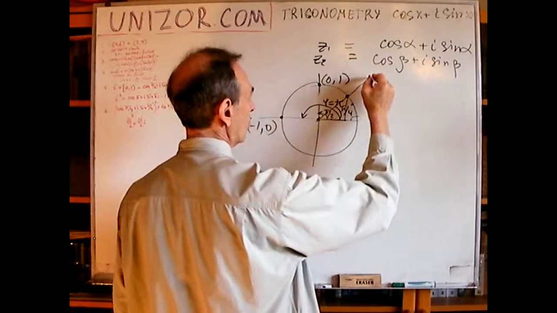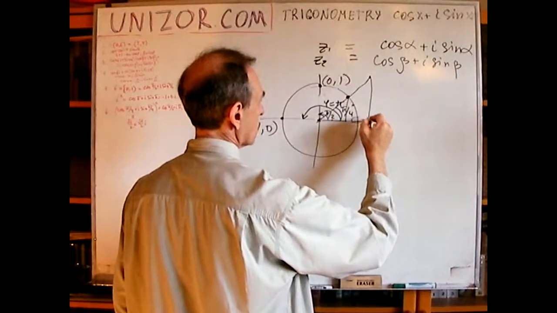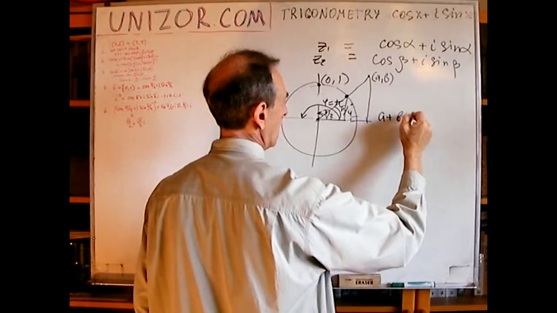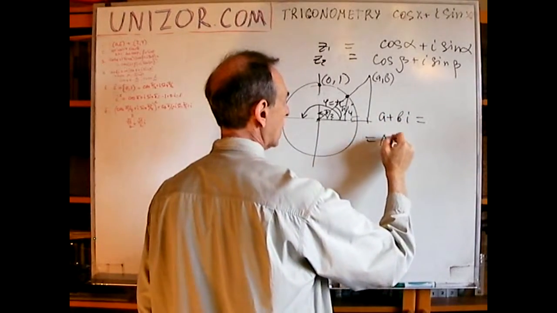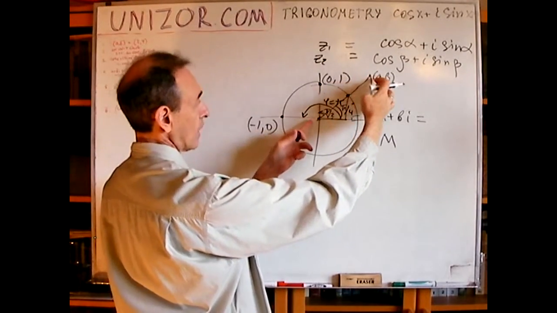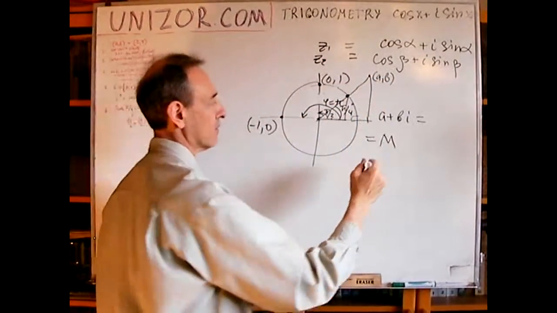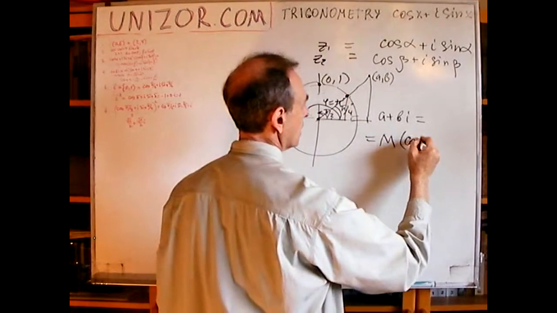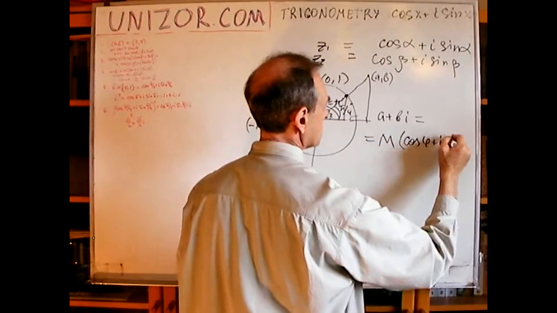So I can always say that this particular number, A plus BI, is equal to some kind of modulus, which is this distance, which is greater than 1 or less than 1 or whatever, times this particular number, which is again cosine phi plus I sine phi.